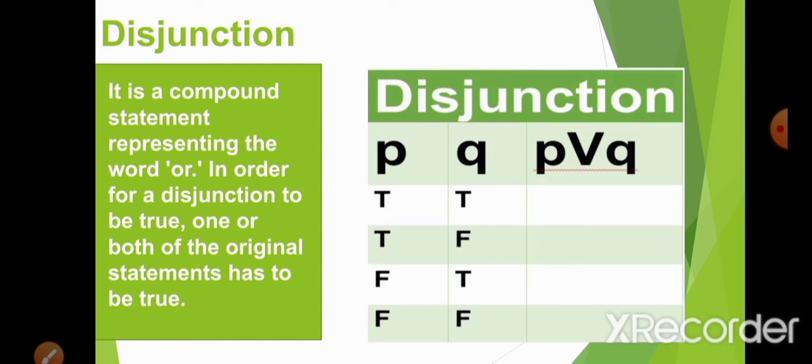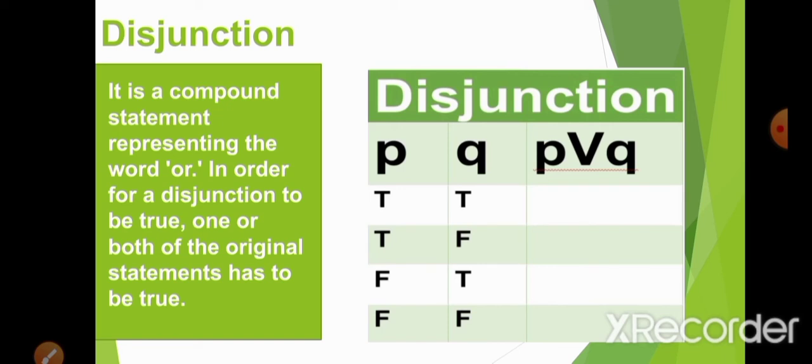So, the disjunction of the above statements, P or Q, is it is raining outside or the football game is cancelled. So this statement is true if P or Q or both statements are true.